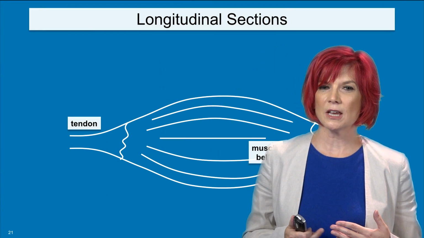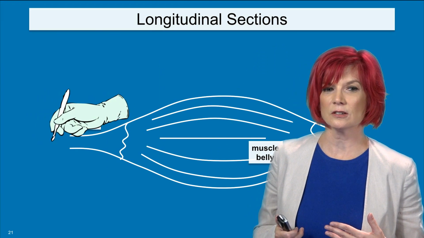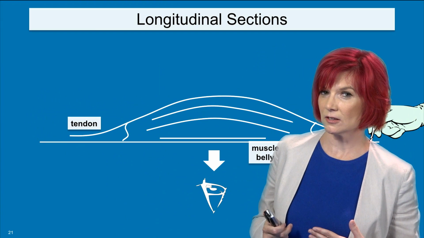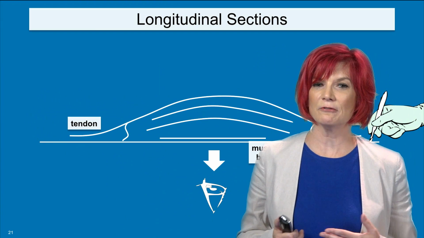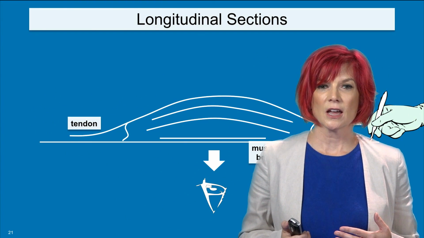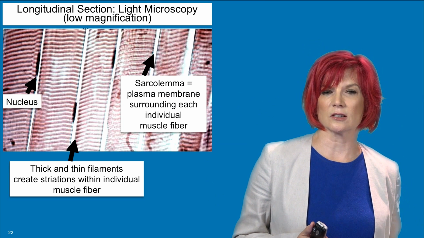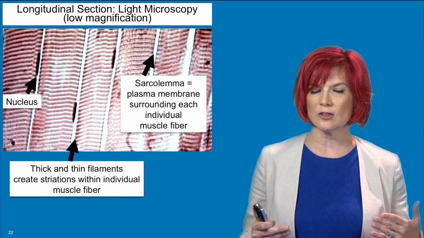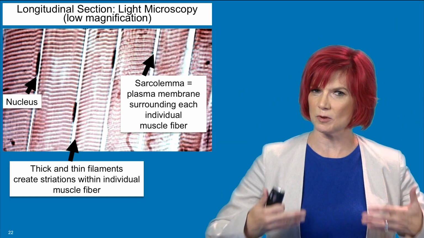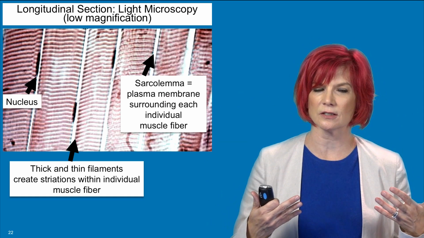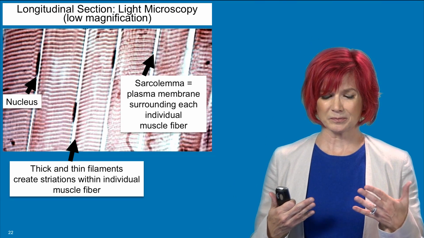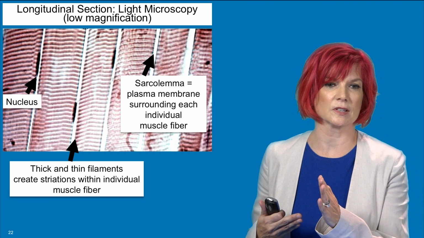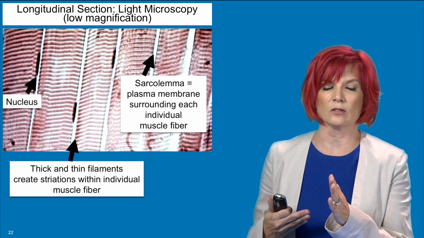Now, if we take a longitudinal section, shown here, and view the skeletal muscle from this longitudinal angle, we have a very different picture. If we look by light microscopy, which is at fairly low magnification, I hope you'll see again this repeated pattern, these striations, that the nucleus is located at the periphery of the cell, right underneath the sarcolemma.